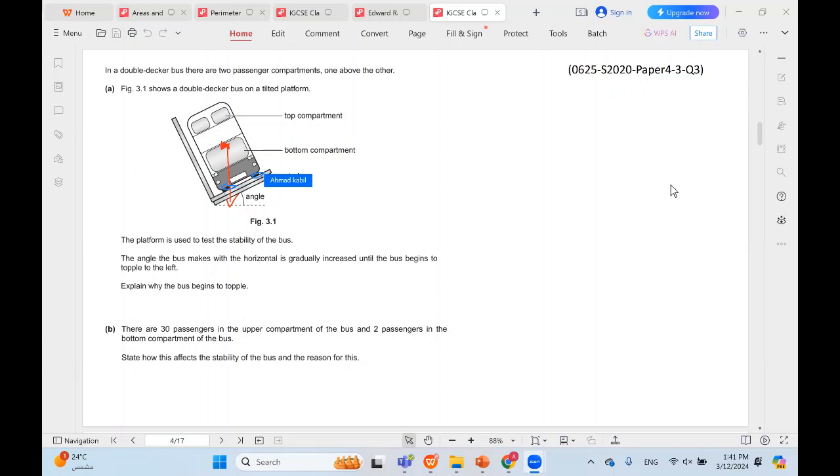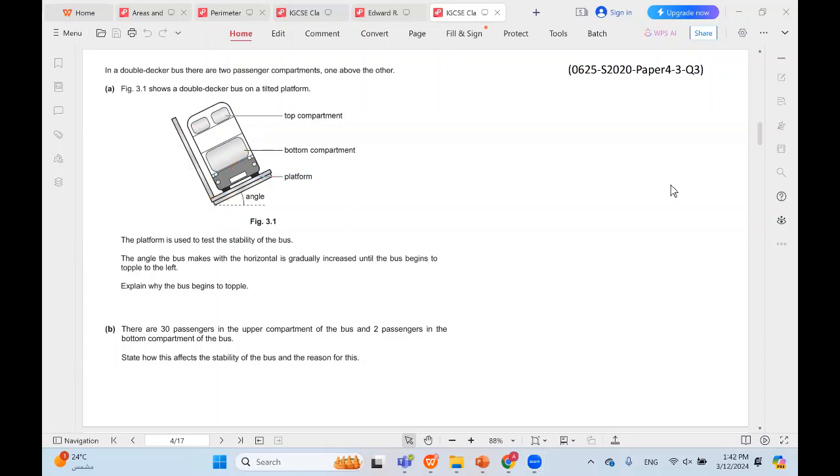However, if we increase the angle more than that, the center of mass shifts to the left like this, and then the line of action falls outside of the wheels. It no longer lies within this black region between the two wheels. So this is the idea.